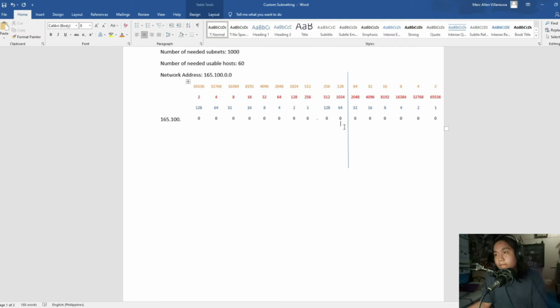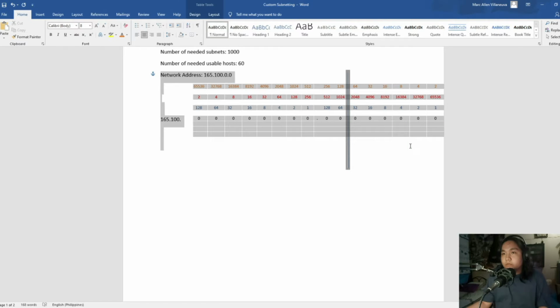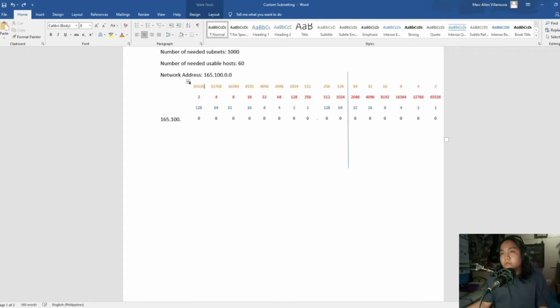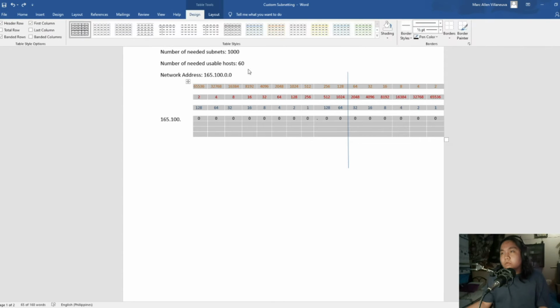Okay, we need to insert one more row below. Let's just put some borders first, so you won't get confused.